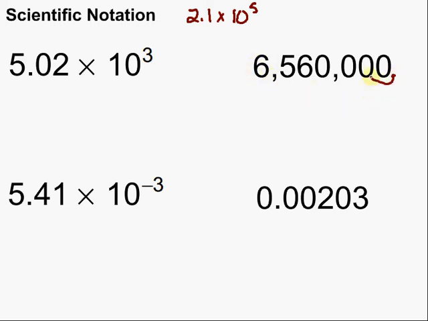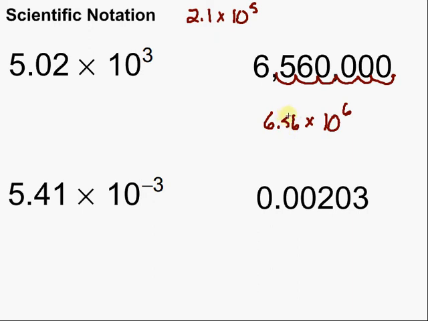So let's count that out. 1, 2, 3, 4, 5, 6. So we moved it 6 places. So that's going to be our power of 10. So it's going to be times 10 to the sixth, and our number which is left here would be 6.56 times 10 to the sixth power.